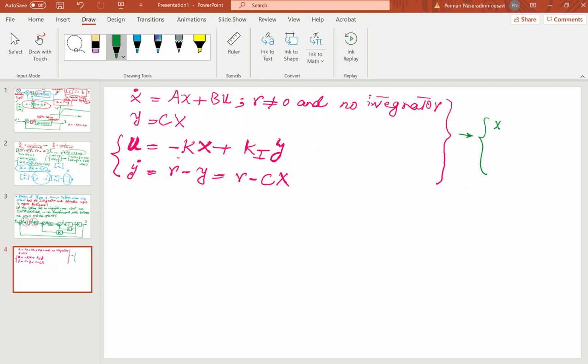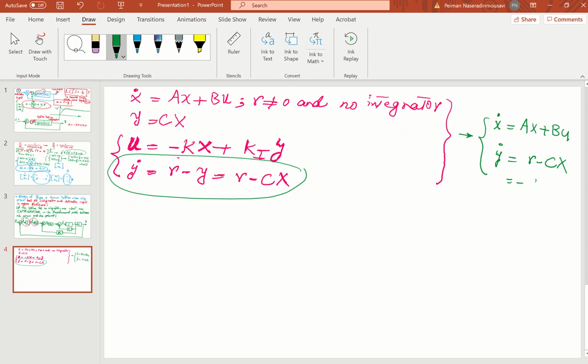One of them is x dot equals Ax plus Bu. The other that we just generated is zeta dot equals r minus Cx, or you can write it as minus Cx plus r. Now we can write these equations in matrix format.